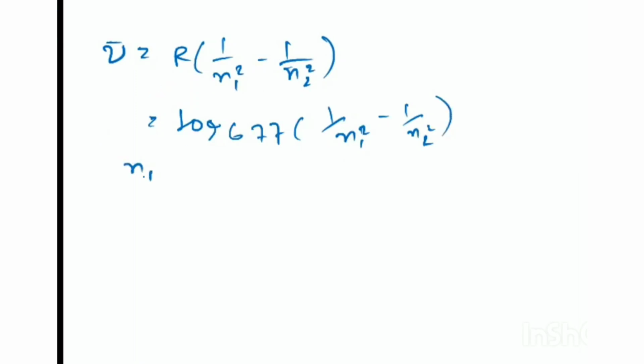Now, if n1 is 1 and n2 can be anything from 2 to 4, 5, 6, 7, this series will be called the Lyman series.